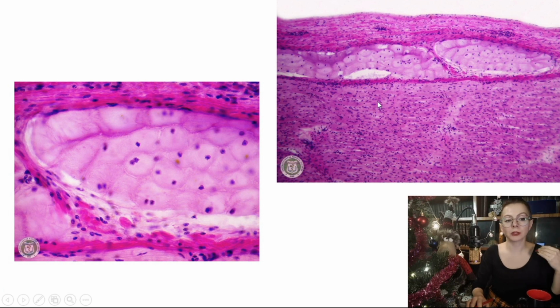In cardiac muscle tissue, we have Purkinje fibers just under the endocardium. If you see those giant conductive cardiomyocytes, or Purkinje fibers, with pale cytoplasm and glycogen granules inside, this is the Purkinje fiber.